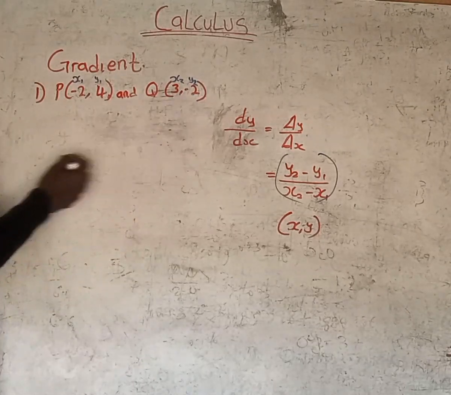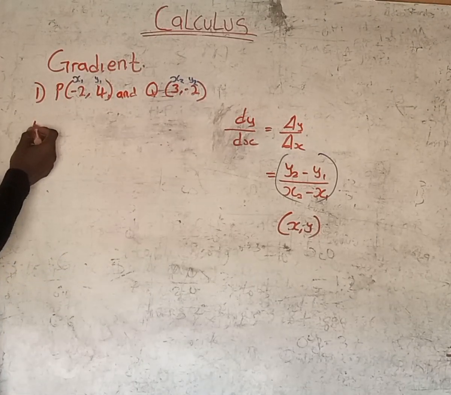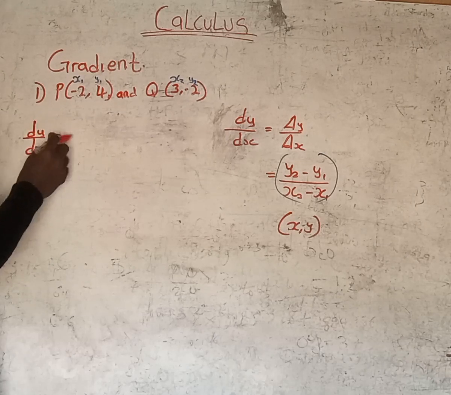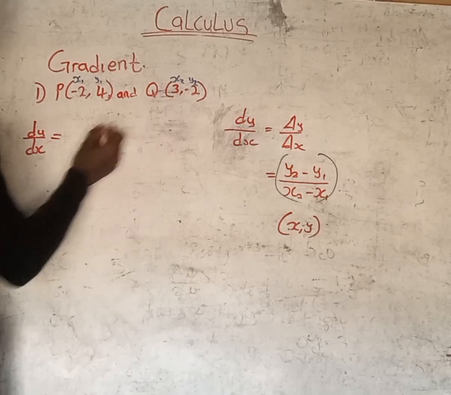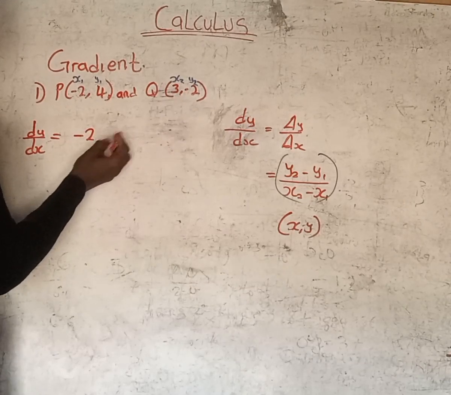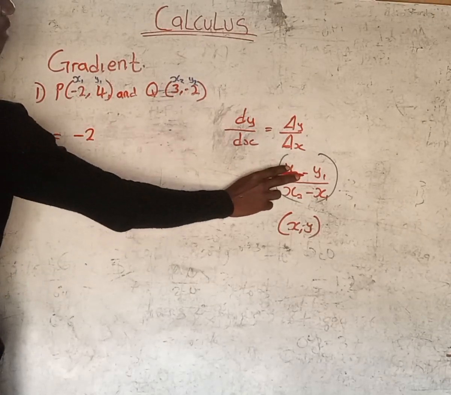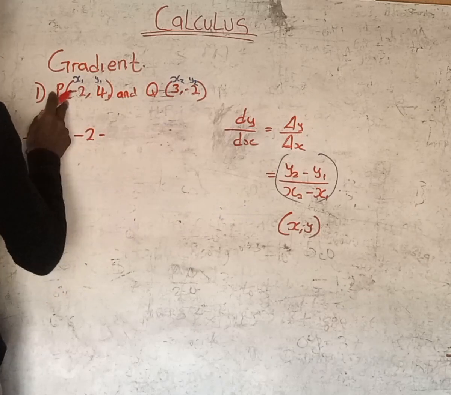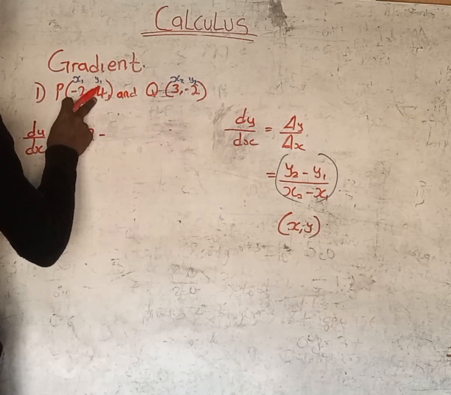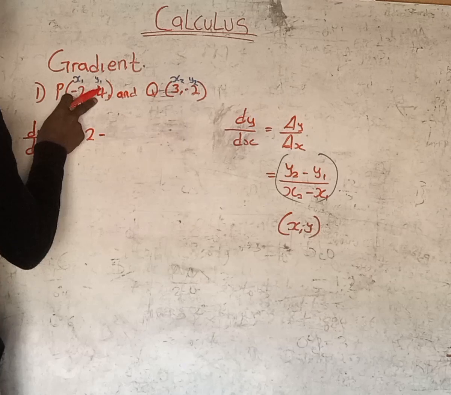Now let's proceed. Gradient, dy over dx, is equal to the value of my y2, which is minus 2. Then from our formula we have minus y1, which is 4.